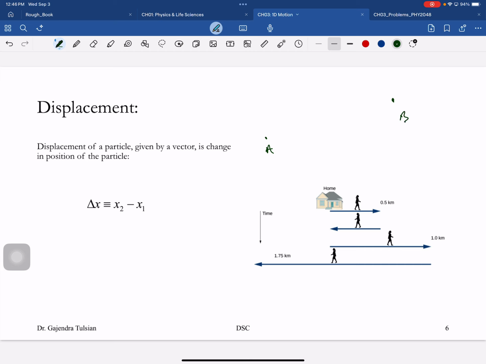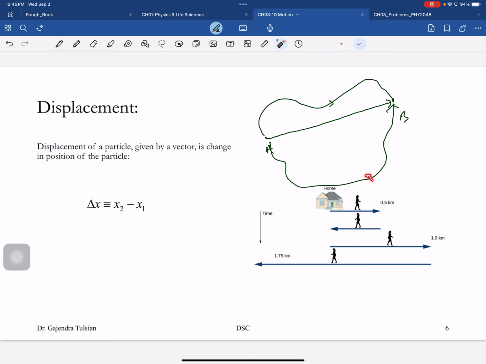You're going to point B. You traveled along that path. The displacement is this vector. The displacement vector points from the starting point to the end point. What is the displacement for this path? The same.